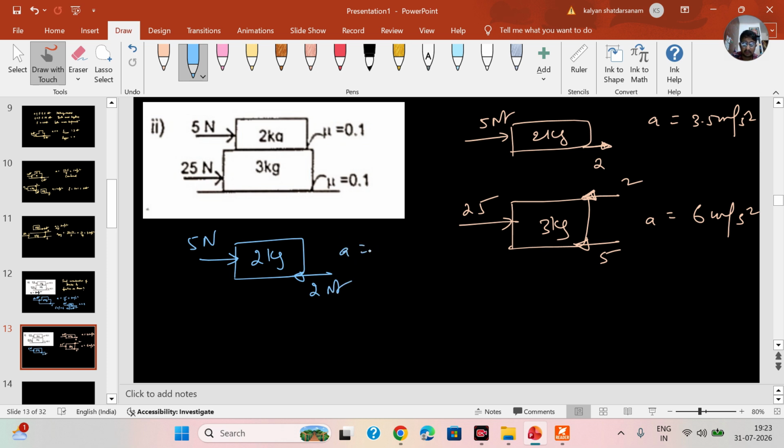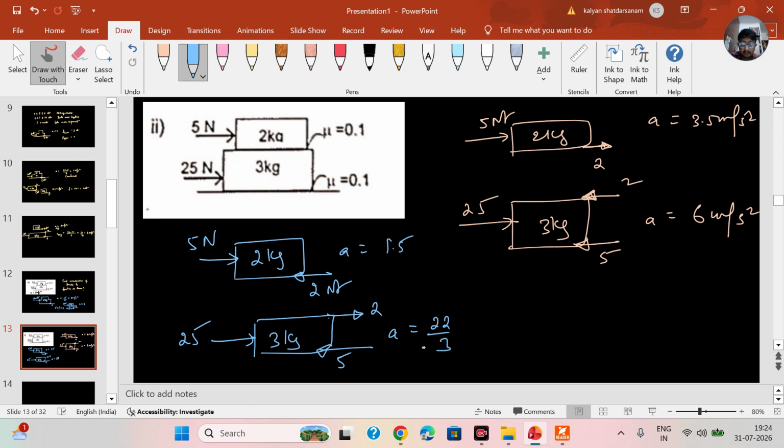Then acceleration will be 5 minus 2, that is 3 by 2, 1.5. And for the lower block, you got 25, and the reaction of this is 2, and here you got 5, and you get its acceleration to be 25 minus 5 is 20 plus 2, 22 by 3.